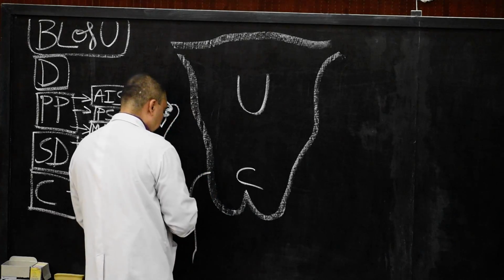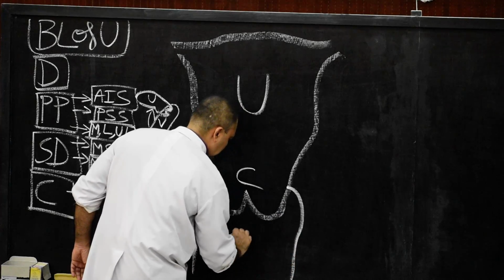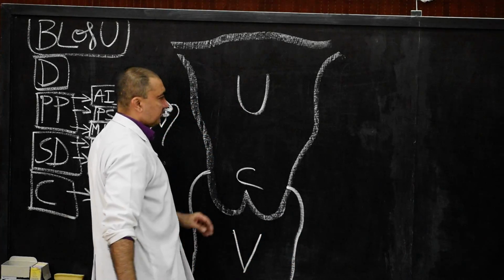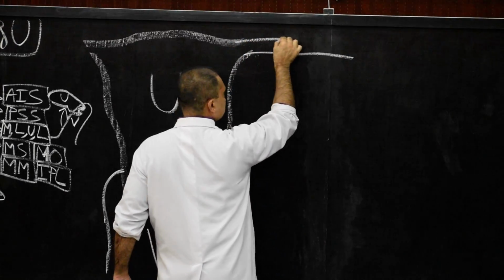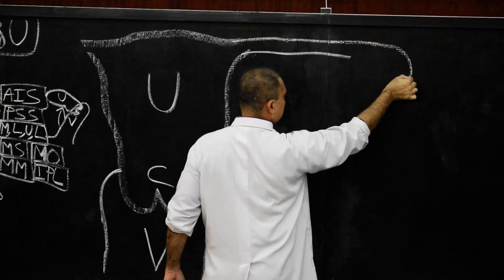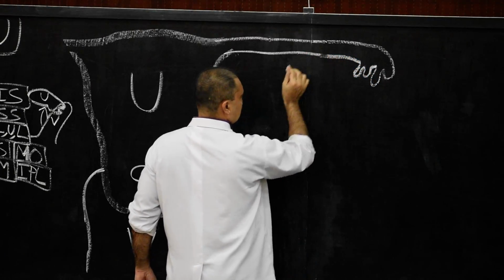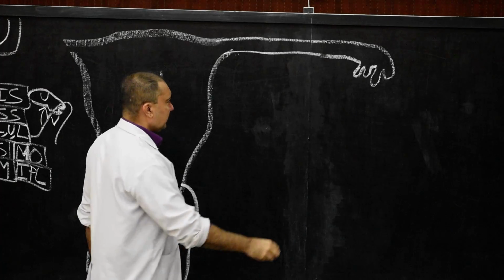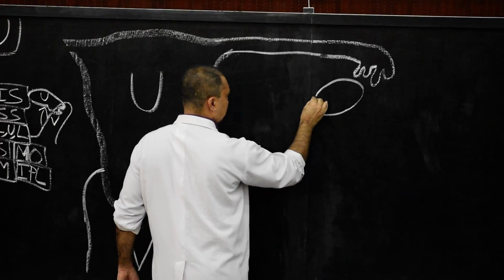This one will be vagina. So therefore, lateral wall of the uterus. And we are going to draw here fallopian tube. Only on one side we are going to draw this fallopian tube, and we are going to show this fimbria. Please show it in this way. And we are going to draw here the ovary.